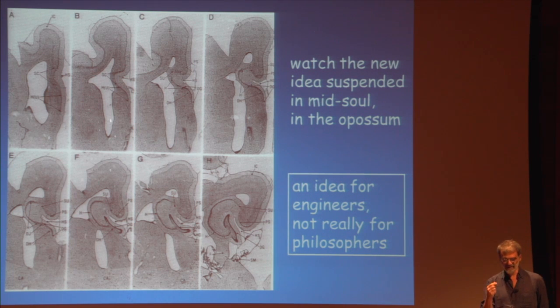So maybe it's a new idea not for philosophers but for engineers, in the sense that maybe what it buys the species is some kind of quantitative improvement in the fitness function, in doing things that it was doing already before.